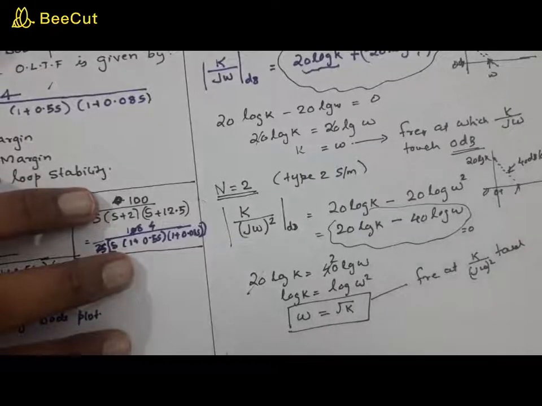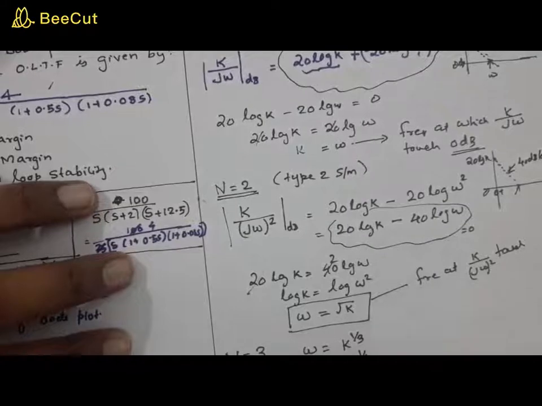Now can you guess what it will be for n is equal to 3? For n is equal to 3, the frequency will be the cube root of k, that is k raised to 1 by 3. For n is equal to 4, omega is k raised to 1 by 4.